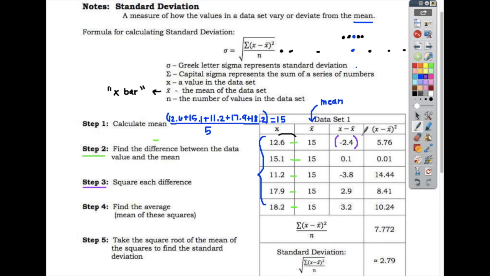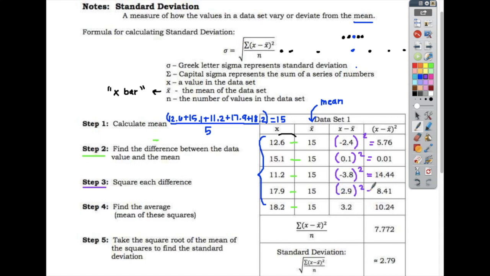The reason for that is with our negative numbers, if we don't have it, then it will give us a negative number, and all of these numbers should be positive. Okay, so parentheses, negative 2.4 squared gives us that. Parentheses 0.1 squared gives us 0.01. Negative 3.8 squared equals 14.44.